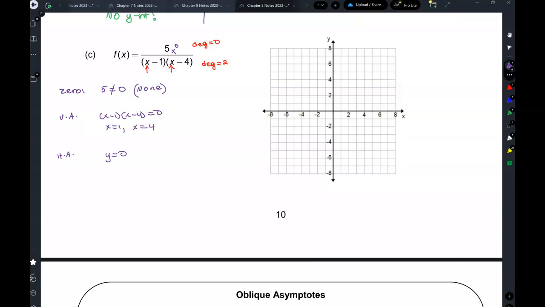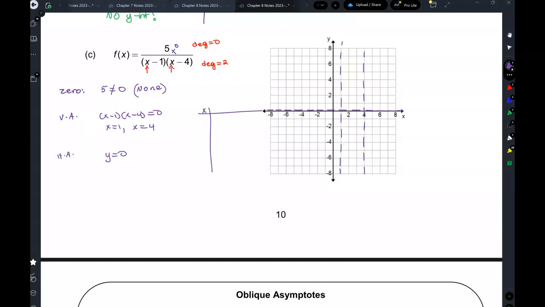Okay, let's put in the horizontal asymptote. Let's put in the vertical asymptotes, 1 and 4. Now we're going to graph this. So, x and y.